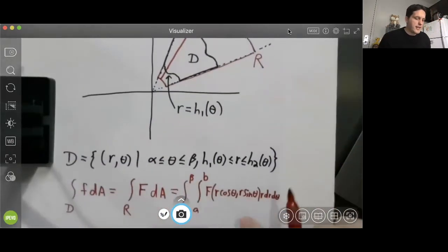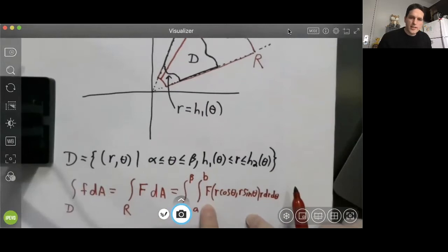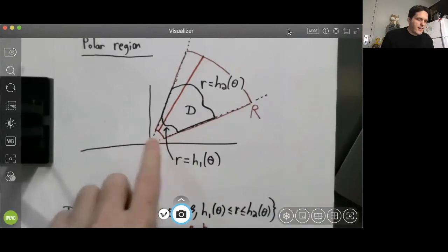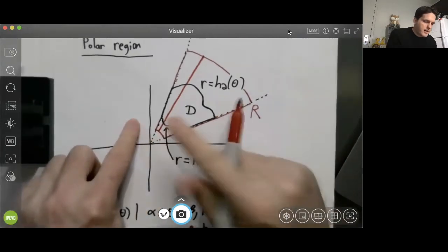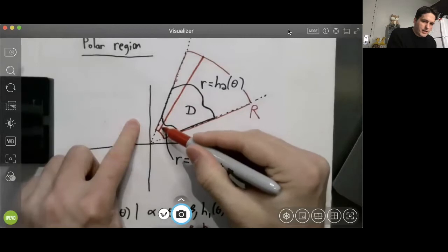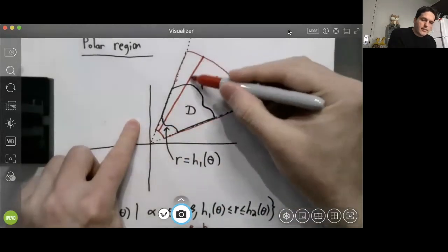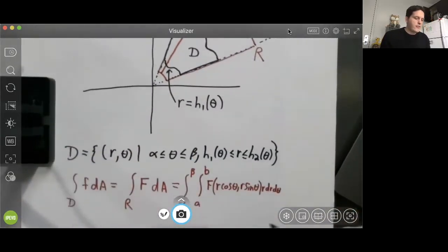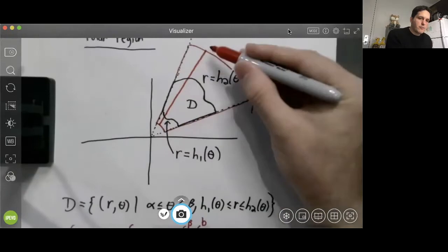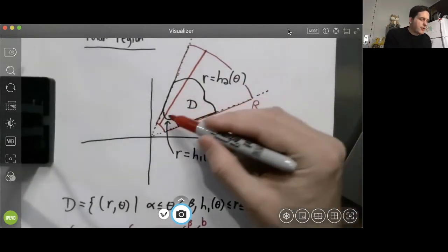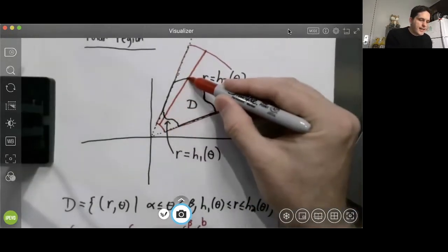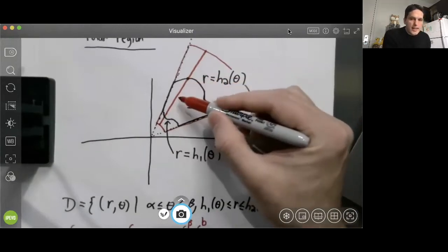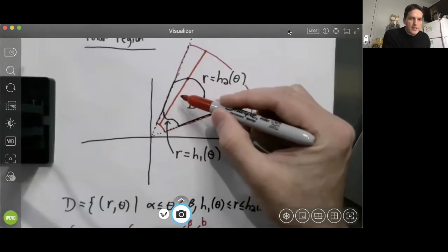And the function we're integrating from a to b is this function capital F. But notice this function capital F is equal to 0 everywhere along this little line segment, and it's equal to 0 everywhere along this little line segment. So instead of integrating all the way from a to b, we might as well just integrate from here to here, because it's only in this range that capital F is non-zero.